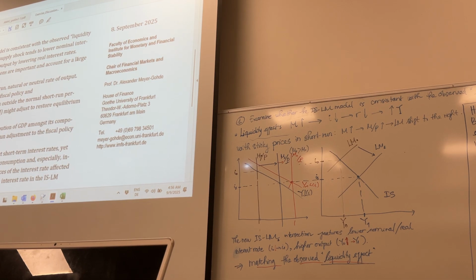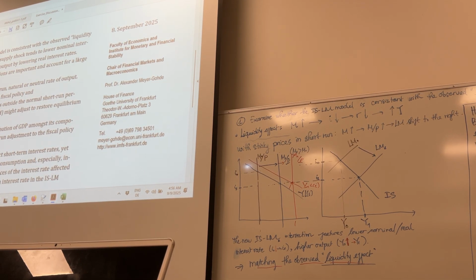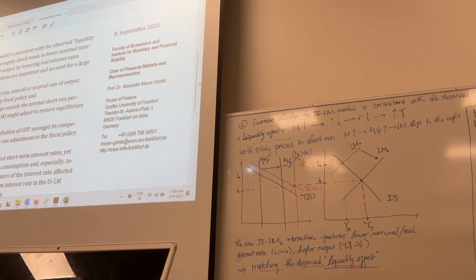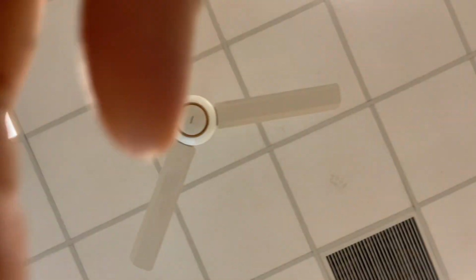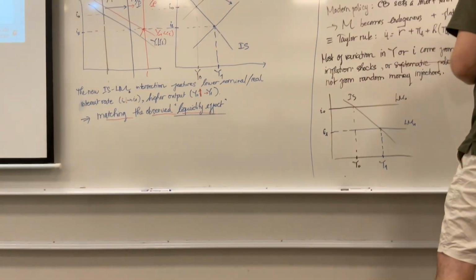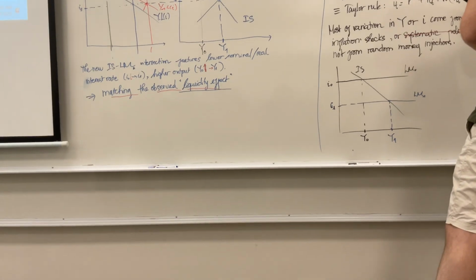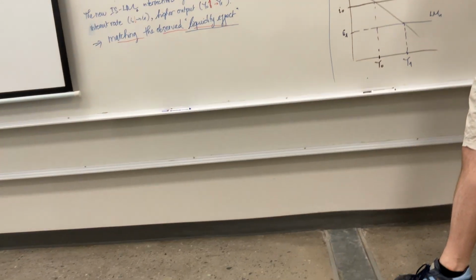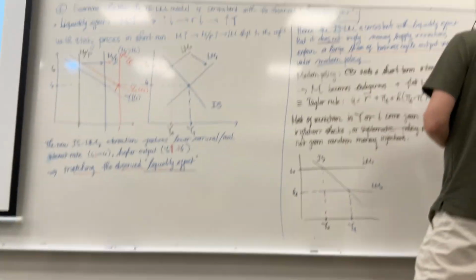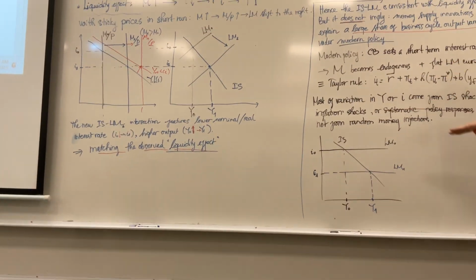come from IS shocks, sure, or maybe not systematic policy responses. I would call them like here. Let's see. Then interest rate shocks, which would shift the LM curve like this.